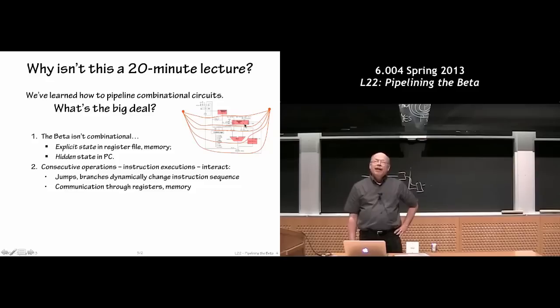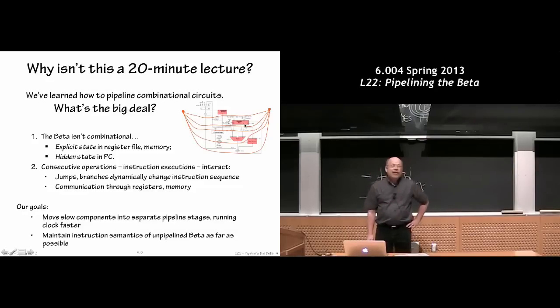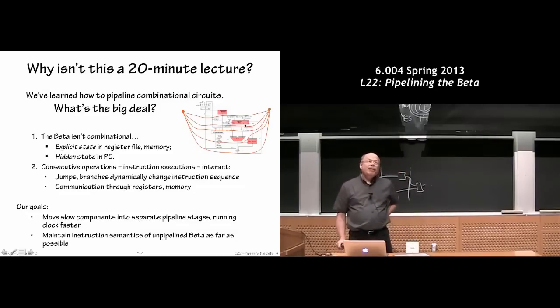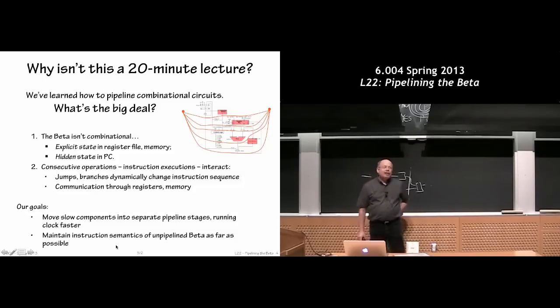We're going to spend a lot of time dealing with the consequences of those problems and seeing if we can still get the benefits of pipelining while shuffling our feet, doing our jig as fast as possible. A basic requirement is that we'd like to keep the semantics of a program the same. The goal here is that you don't have to rewrite all your programs if they worked fine on the unpipelined Beta.